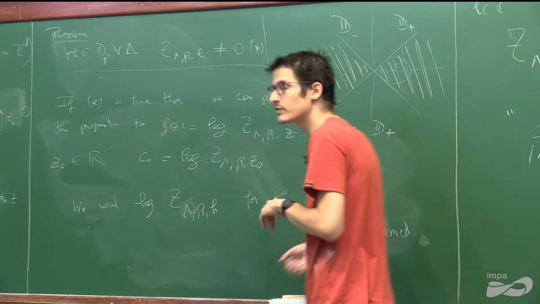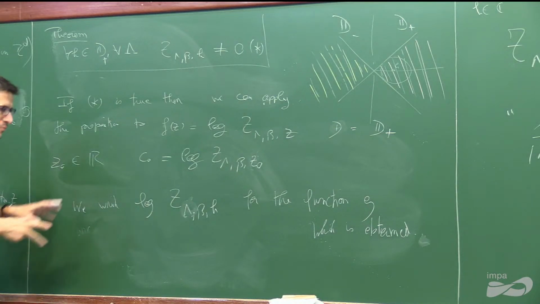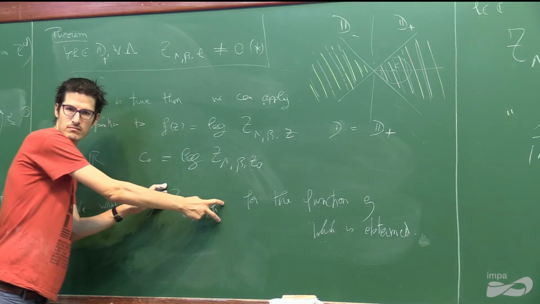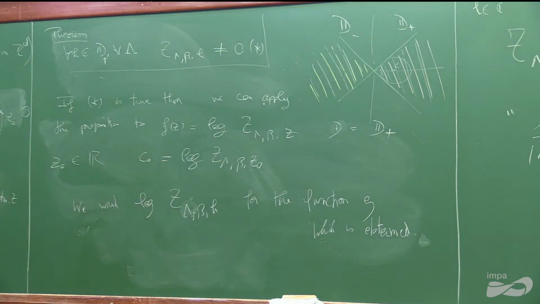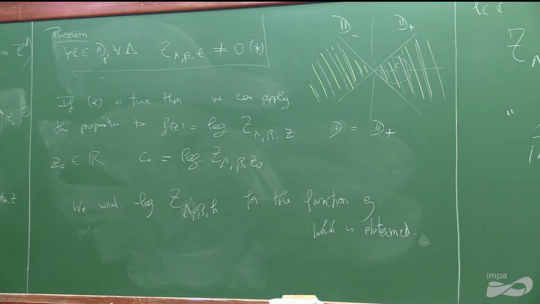So remember that even though we write this, this is not at all the composition of two functions. This is not the composition of the complex logarithm with z. This is just an analytic function which is log Z h.